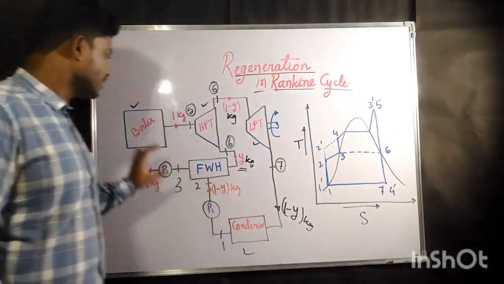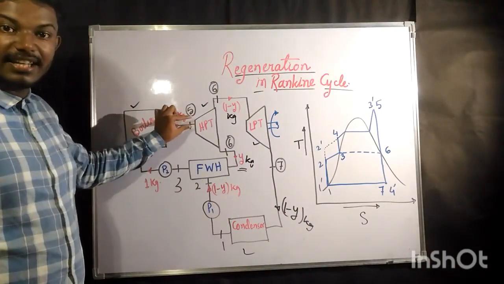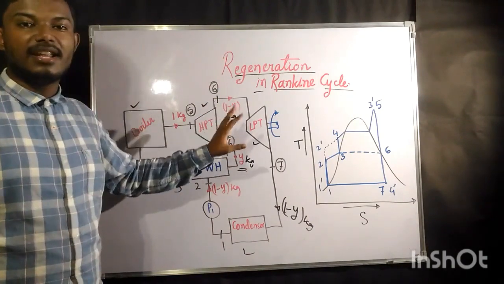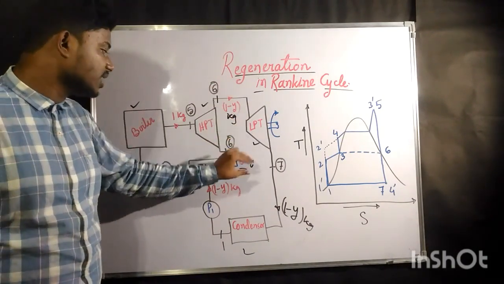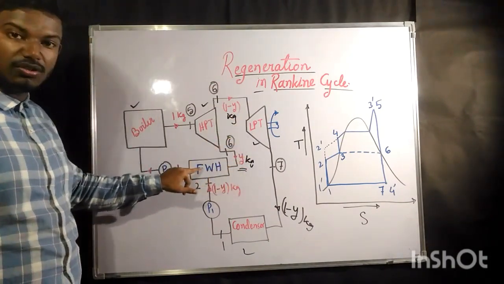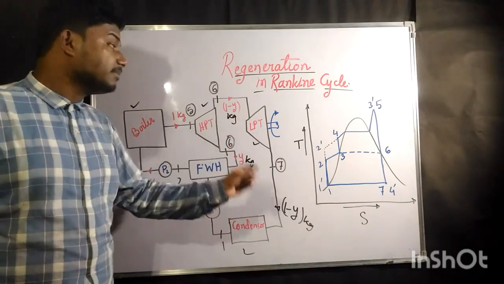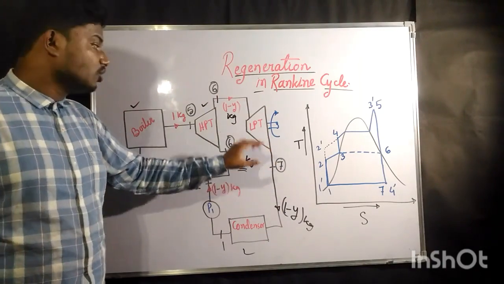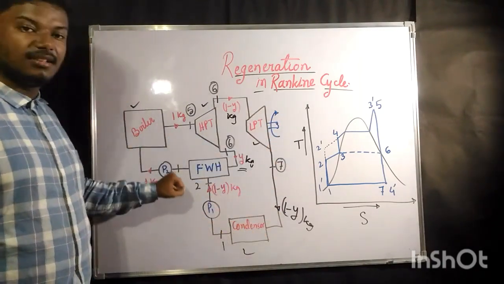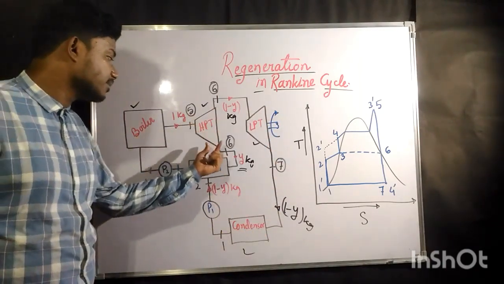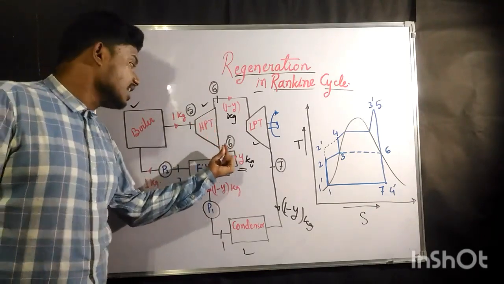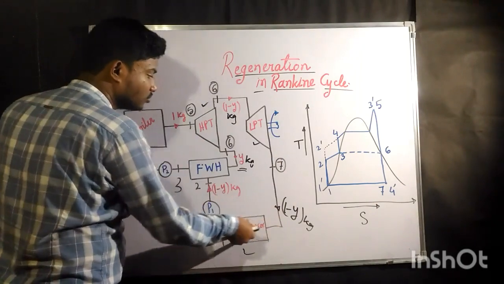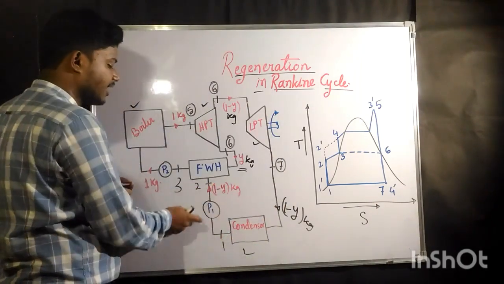So some of the steam, after partially expanding, is used to heat up the steam that has been fully expanded by the low pressure turbine. The low pressure turbine outlet is heated by part of the high pressure turbine outlet, and the remaining goes through the low pressure turbine, condenser and pump 1.